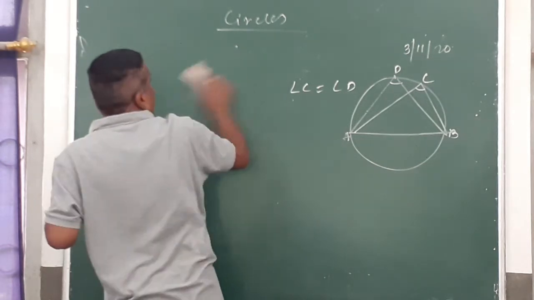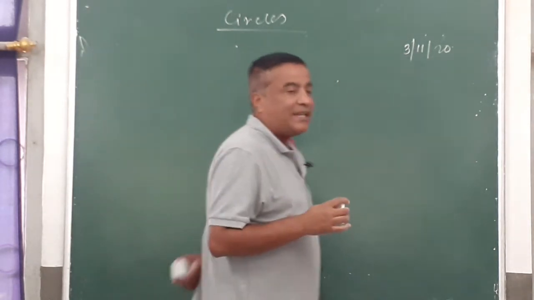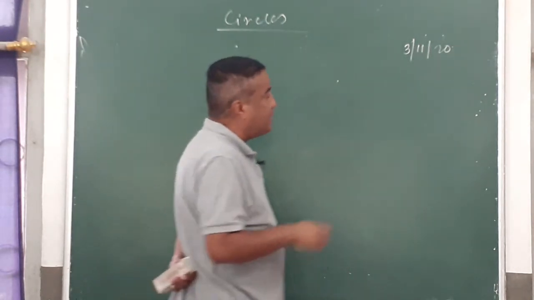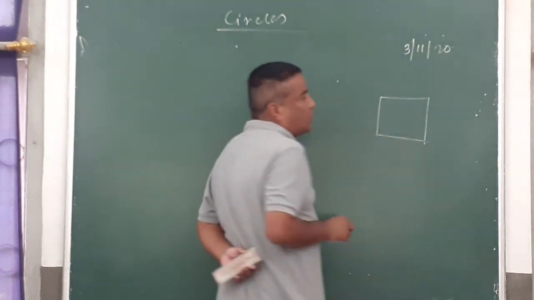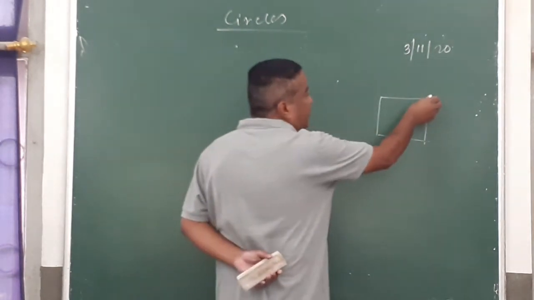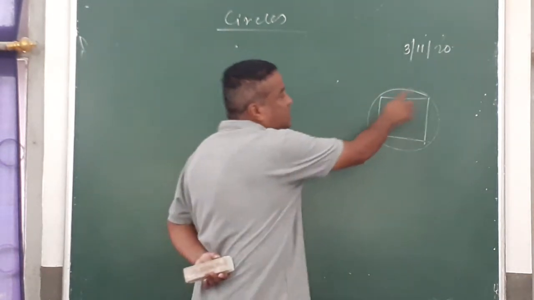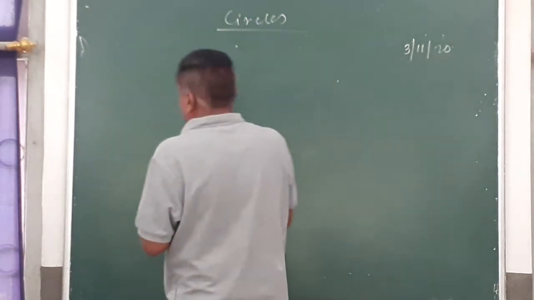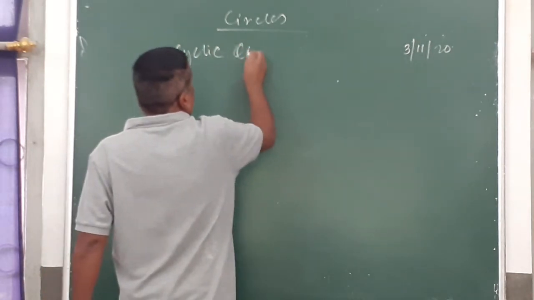Now cyclic quadrilateral properties. First you have to know what is a cyclic quadrilateral. Till class 9 you have done quadrilateral. Quadrilateral means any four-sided figure. If there is a circle outside it, then this is called a cyclic quadrilateral.